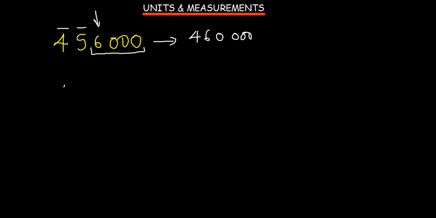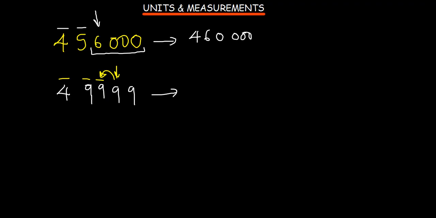If you have got, let's say, 49999, they say round off this number to three significant figures. You are going to count 1, 2, 3. So from the last 9, you add a 1 to the previous 9, and it becomes a 10.